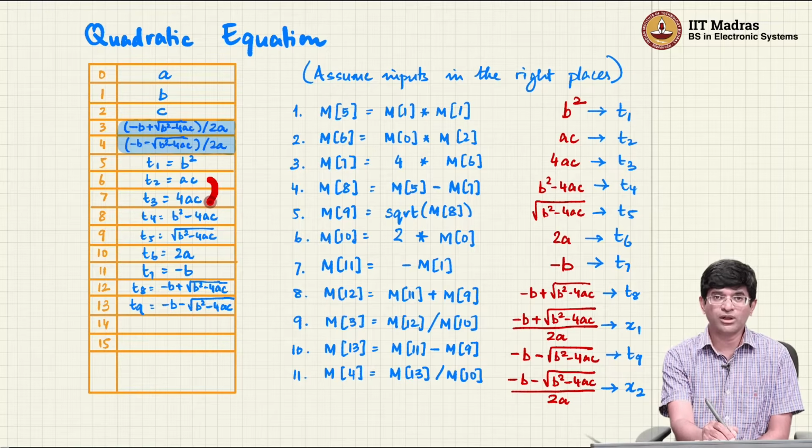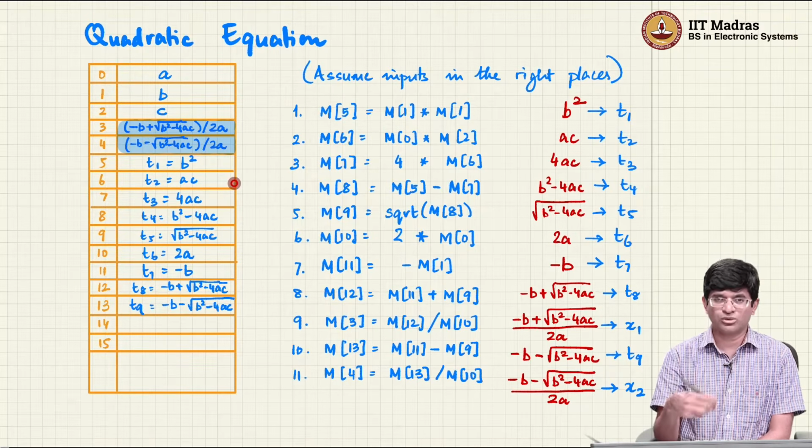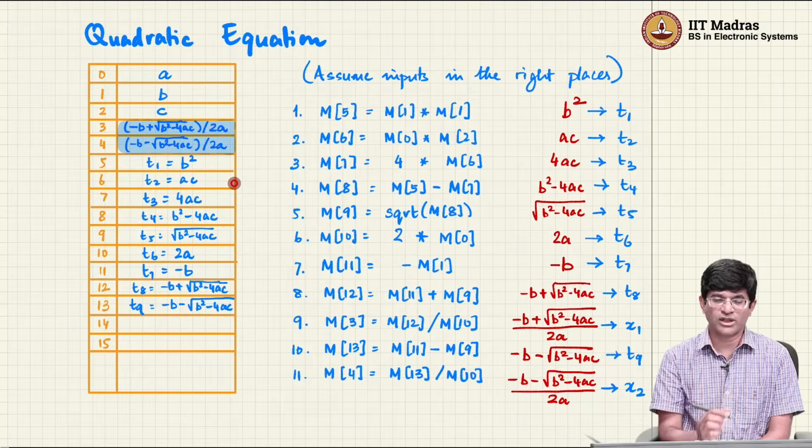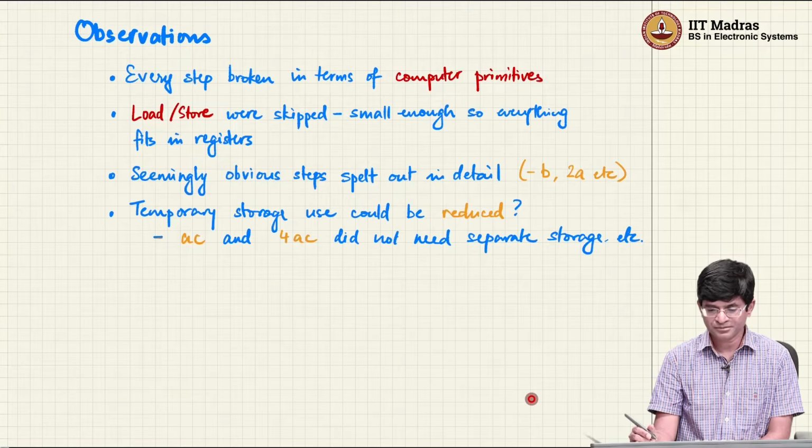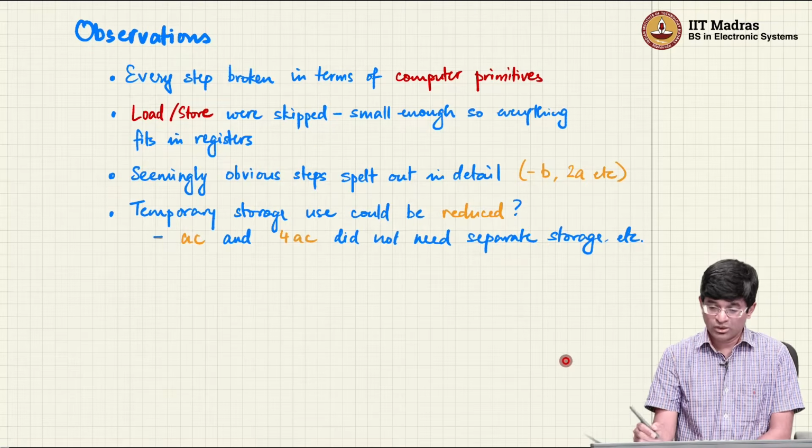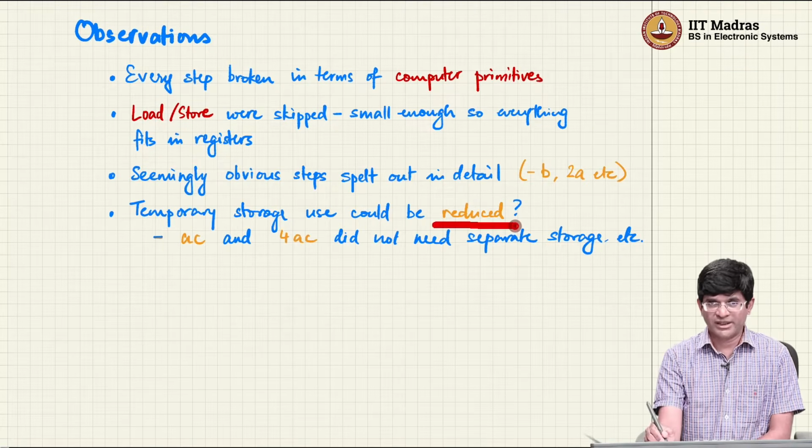If you are, then you will need to compute it once more, because the moment you overwrite it with 4 AC, that value AC is gone. But that's all there is to it. You can always overwrite values as long as they are within memory like this, and use them in whatever way makes it most efficient or easy to write your program. So in other words, the temporary storage could have been reduced for sure.